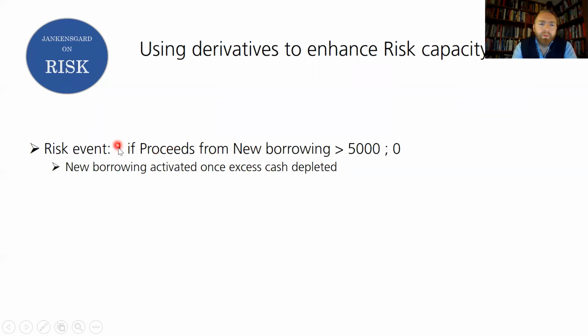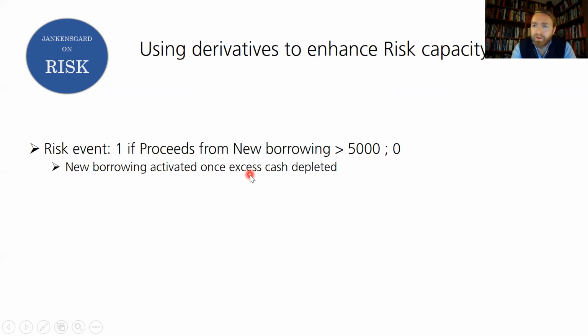Basically, we set up a risk event in the model using the if statement such that it takes on the value 1 if proceeds from new borrowing exceeds the credit facility. That's going to signal that we're in excess of our abilities here, our constraints. We're facing some real hard constraints at that point. And it should be noted that whatever excess cash we have has been already depleted at that point.